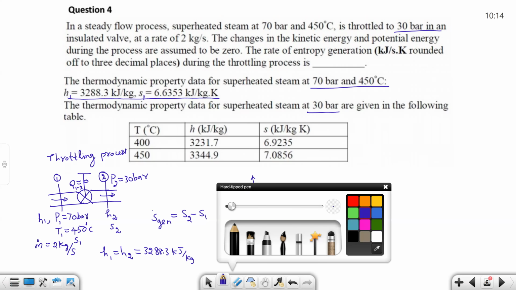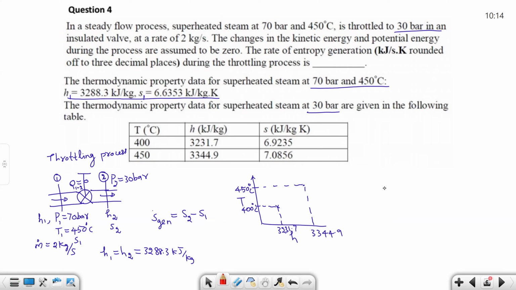Now on this linear line, we want 3288.3, maybe somewhere here. Corresponding to that, what is the temperature?